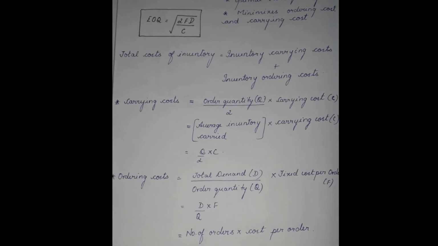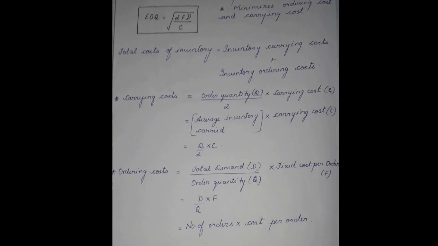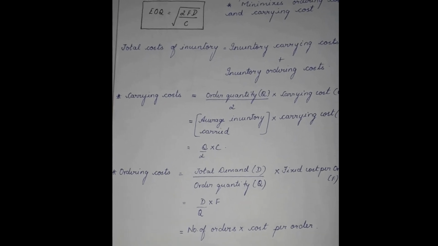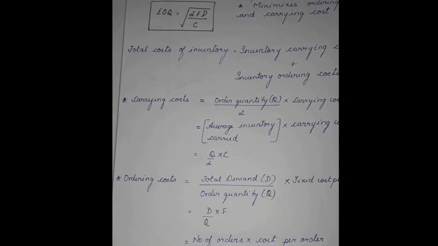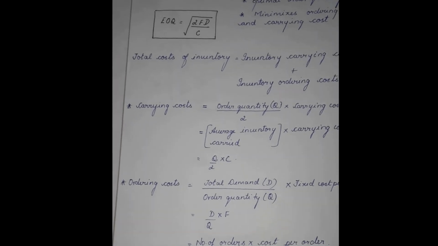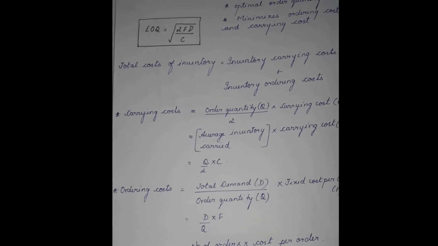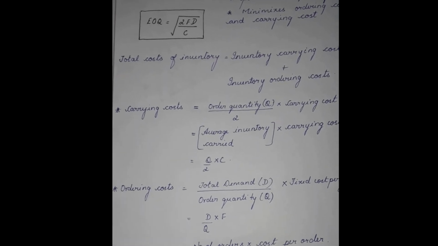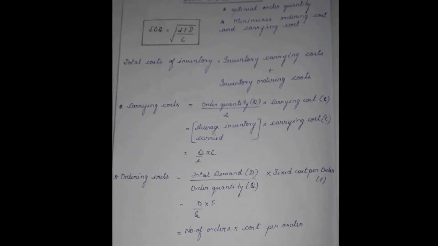So average inventory will be Q by 2. Q is nothing but the quantity at which the order is placed, and C is the cost that is incurred in order to carry this quantity.